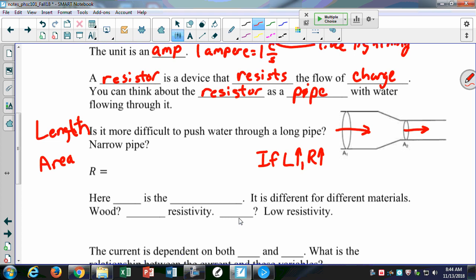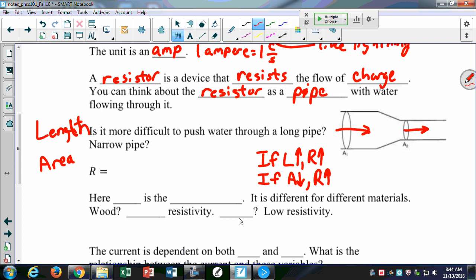The narrow, right. So if the area goes down, that means the resistance also goes up. So I have one direct proportionality between L and R, and one inverse proportionality between A and R.